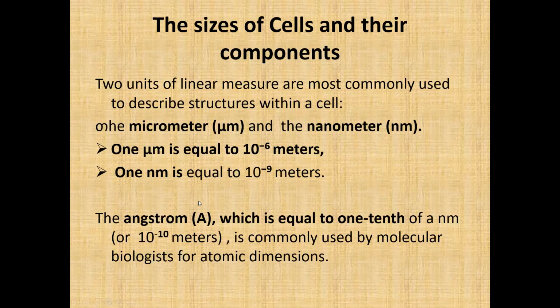But we can also use angstrom as an additional unit, which is equal to 1/10 of a nanometer or 10 to minus 10 meters. Please take into account that angstrom is commonly used by molecular biologists for atomic dimensions.